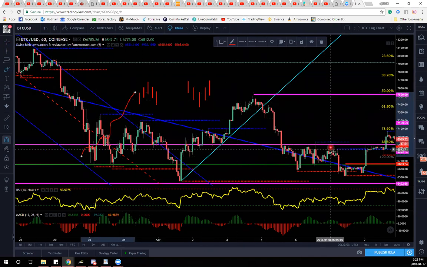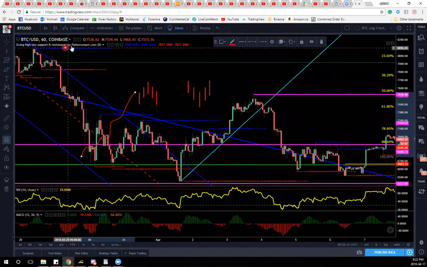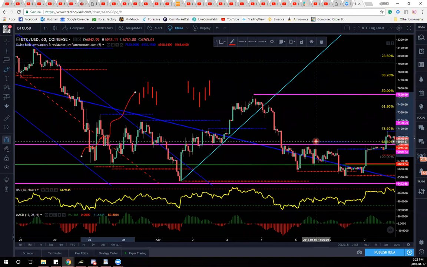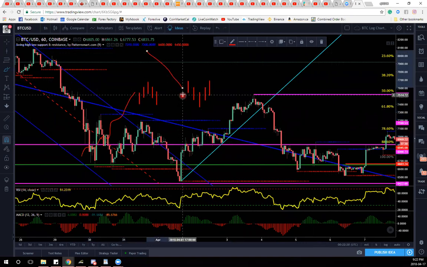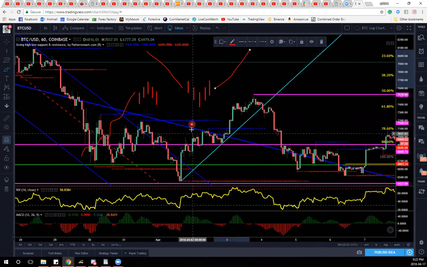If you have the Pattern Smart swing high, swing low support and resistance indicator that draws little dots on each of the swing highs or swing lows, same thing, right? That's how that program, or that algorithm, that little indicator, can learn to do that. And same thing, if we come down, then we get a support anchor point.